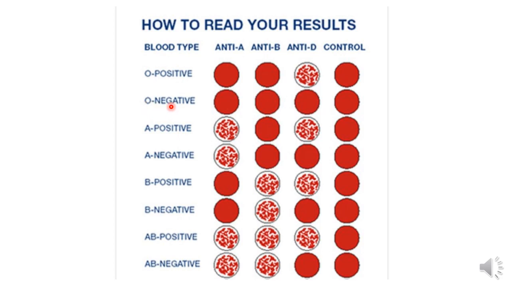However, for O negative, it doesn't make agglutination with any one of them. So it has neither antigen A, nor antigen B, nor antigen D, the rhesus antigen. So it is O negative.